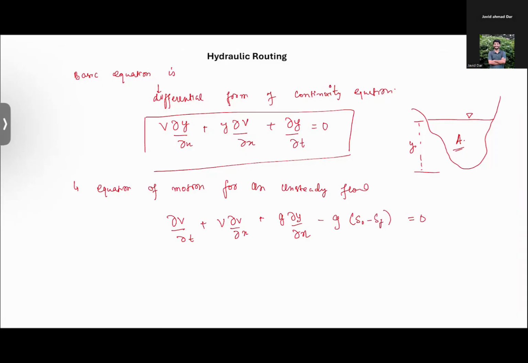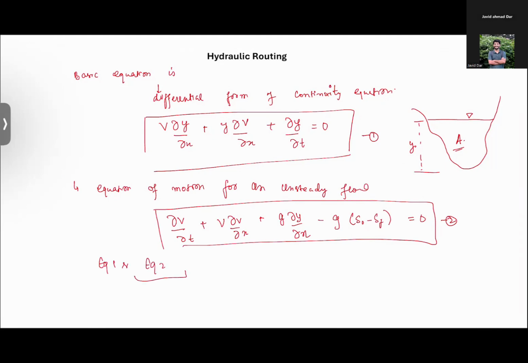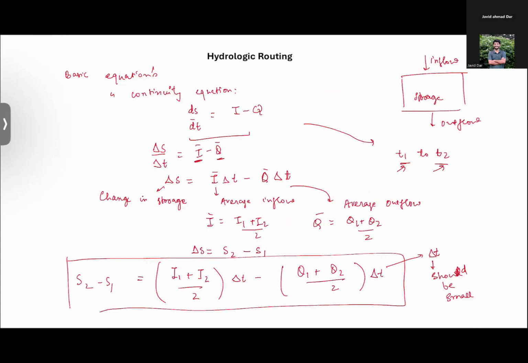So now these two equations, in case of hydraulic routing, we use equation 1 and equation 2. And these two equations combined are called Saint-Venant's equations. So we need to solve equations 1 and 2 in case of hydraulic routing, whereas in case of hydrological routing, we just use the simplest form of the continuity equation.